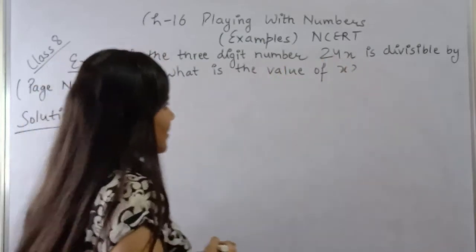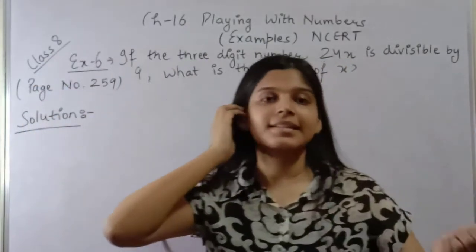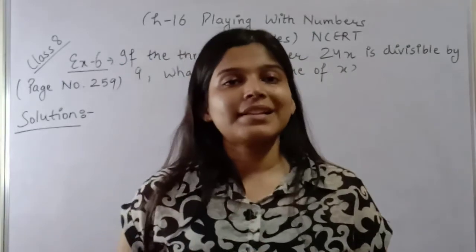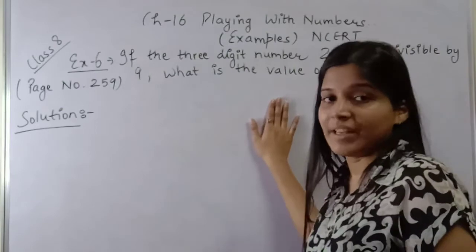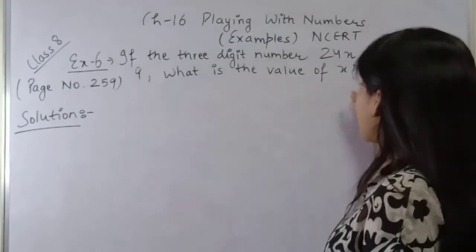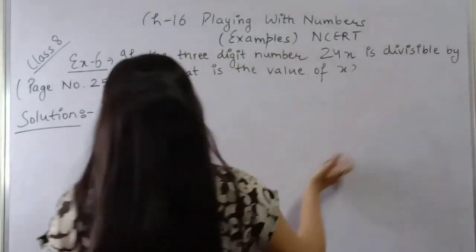So this is a very similar question which we did in the exercise 16.2. Exercise 16.2 में all the 4 questions were of this type only. If the three-digit number 2, 4 and x is divisible by 9.